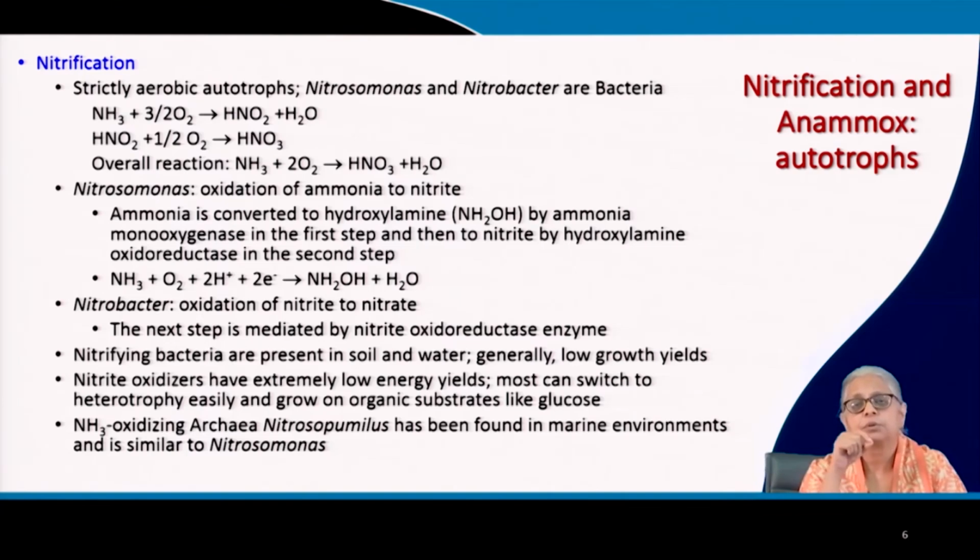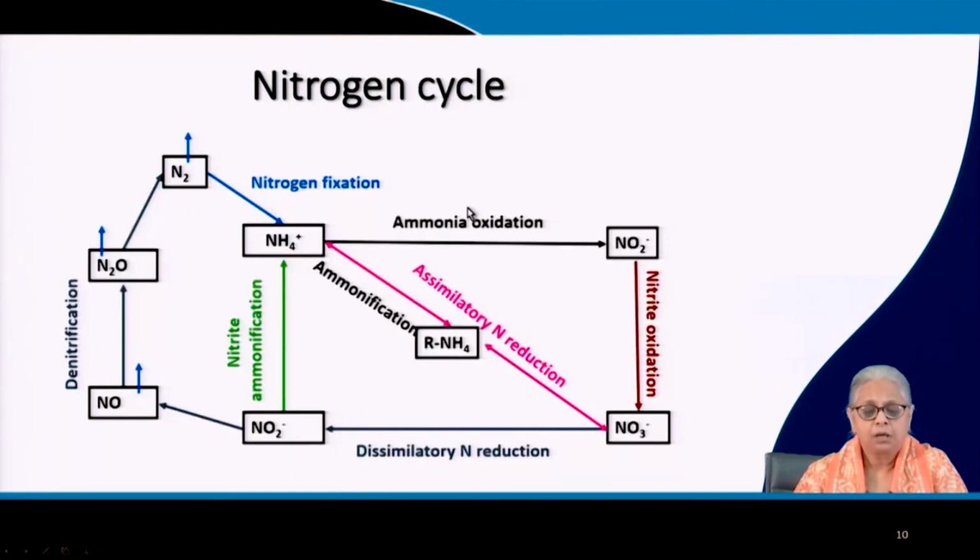The first thing to remember is that nitrification is the conversion of inorganic ammonia to nitrite and nitrate. Where is the inorganic ammonia coming from? It's basically coming from organic amines or amino acids and so on.